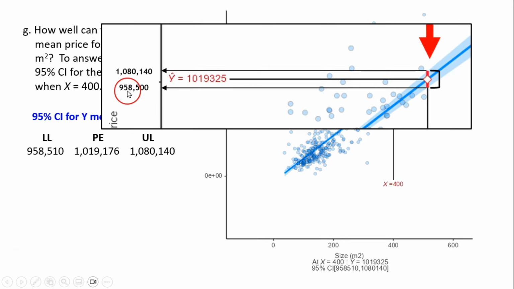So there's the lower confidence interval value and the upper confidence interval value, which are the same values that we have down below. That's a zoomed in picture of this mean y predicted value and its confidence interval.